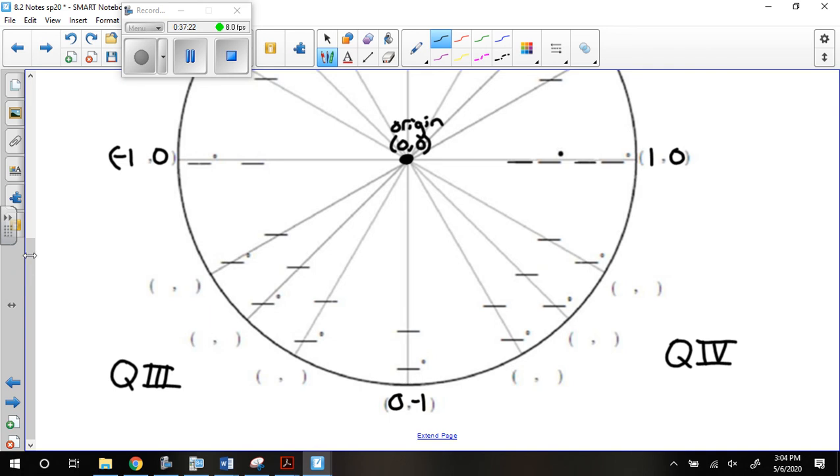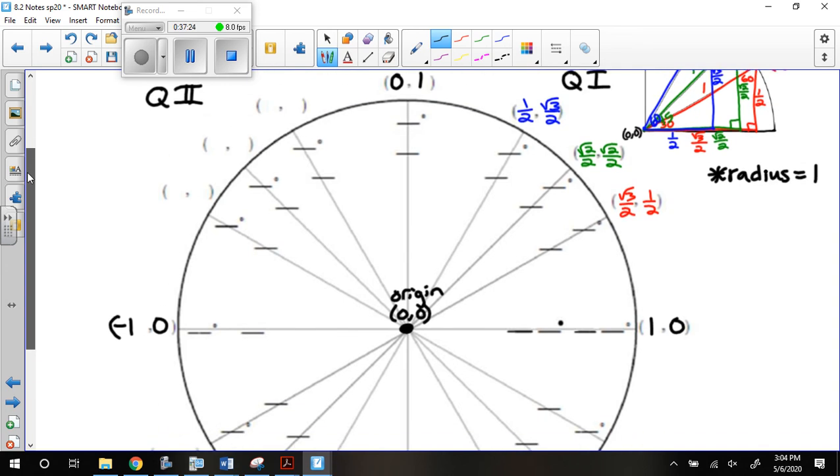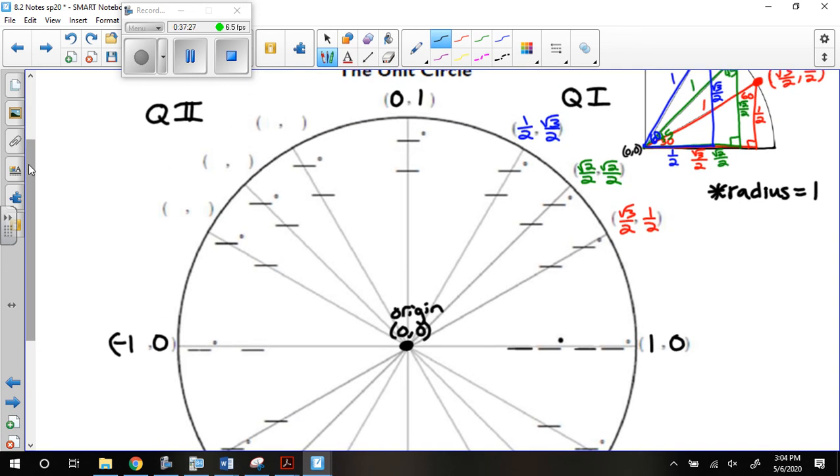Now I'm going to transfer the red, green, and blue ordered pairs to each of my other quadrants. Imagine folding this unit circle in half vertically, along my 90-degree line down to the 270-degree line, folding on the y-axis.